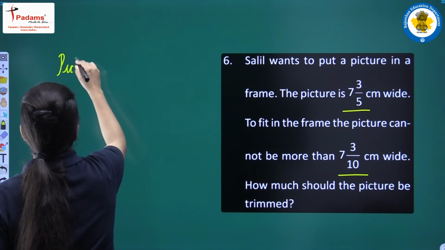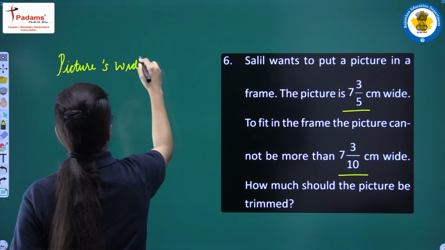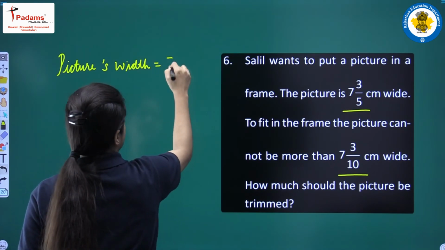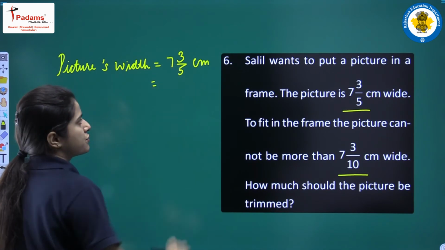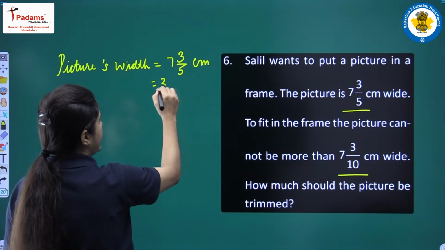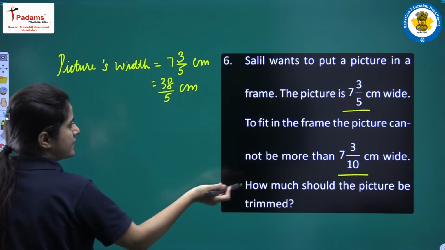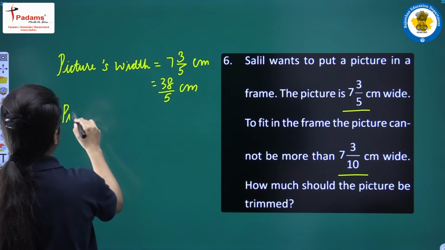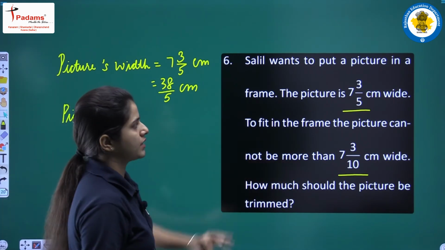Picture's width is equal to 7 and 3 by 5 centimeters, which is 7 into 5 is 35, 35 plus 3 is 38 by 5 centimeters, okay. And the picture should not be more than the dimension of the frame, right.